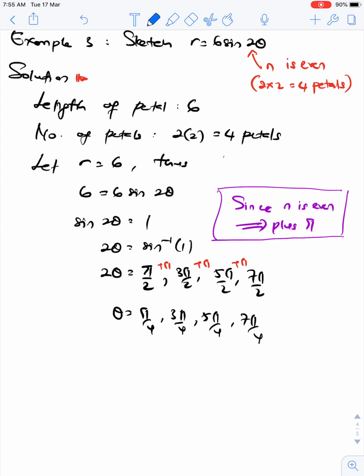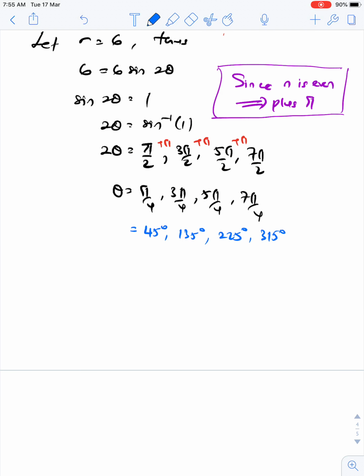Or in degrees, this is equivalent to 45 degrees, 135 degrees, 225 degrees. 7 pi over 4 is equivalent to 315 degrees. Okay, so let us sketch the rose.